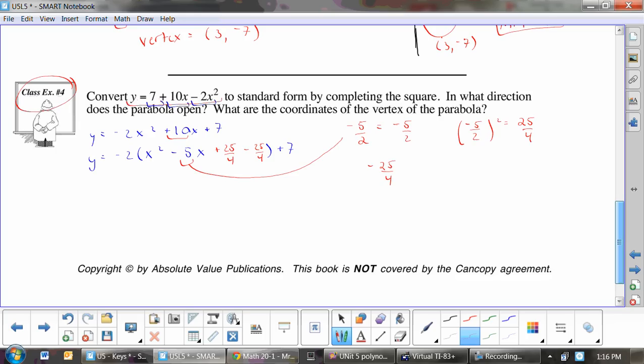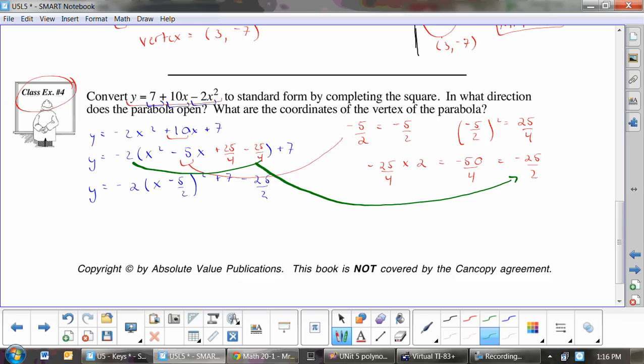25 over 4 multiplied by 2 is 50 over 4, which is equal to 25 over 2. Okay, so we write that as, okay, so we can remember that we get that by going negative 2 times 25 over 4.